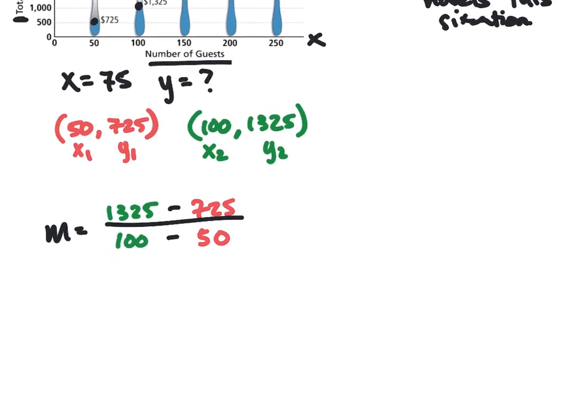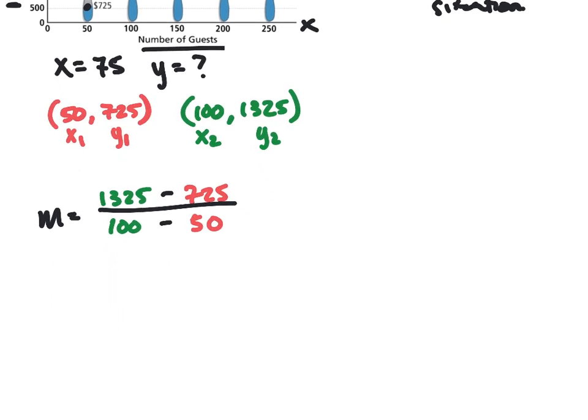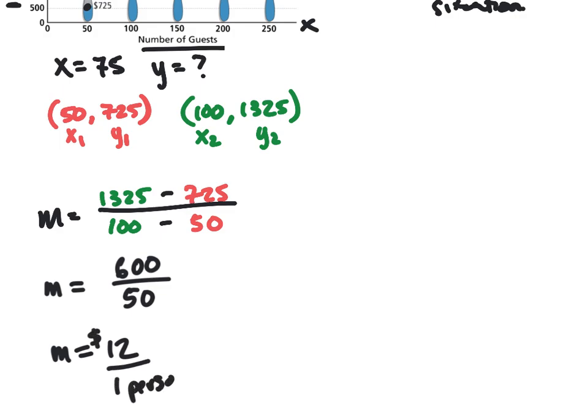So let's do that math. 1,325 minus 725 gives me 600, and 100 minus 50 gives me 50. If I take 600 and divide it by 50, that's going to give me a slope of 12. And when I think about that, that's $12 per one person. And that's the idea.